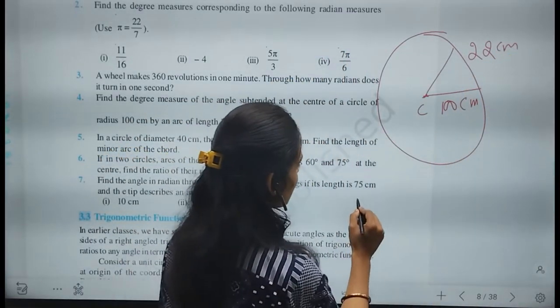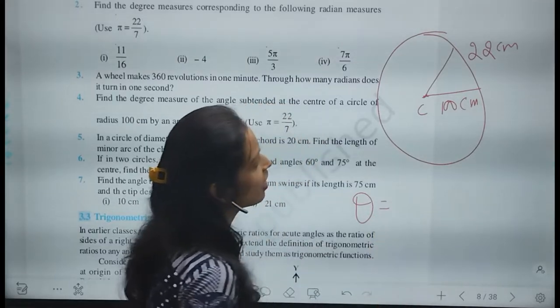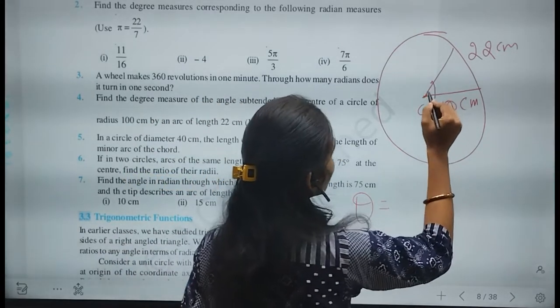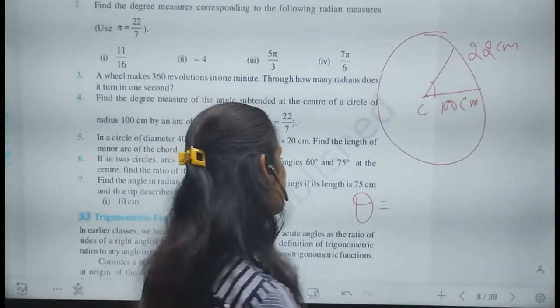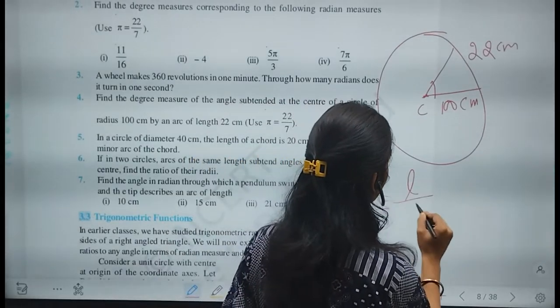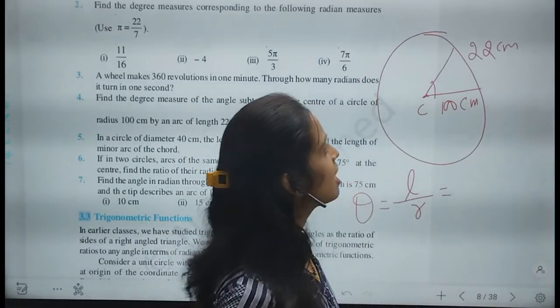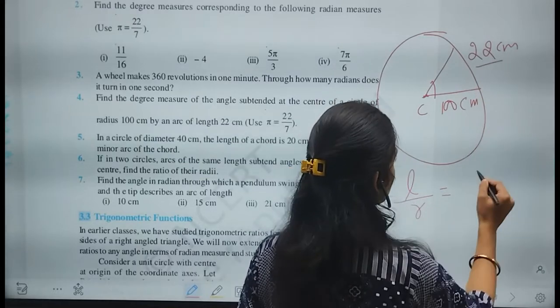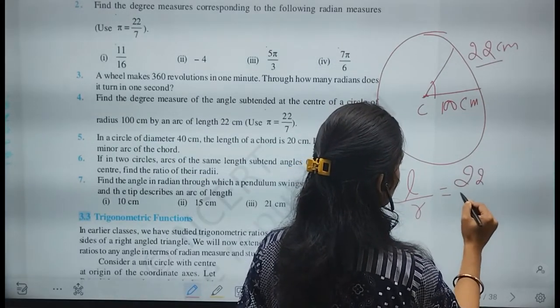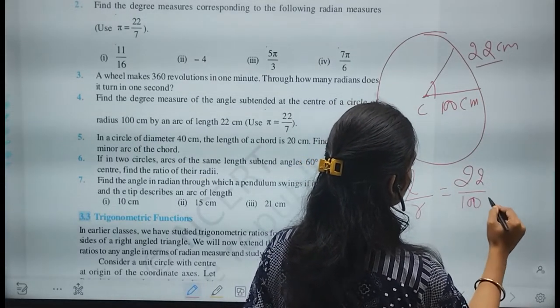We have to find theta. Theta is equal to L by R. L is 22 and R is 100.